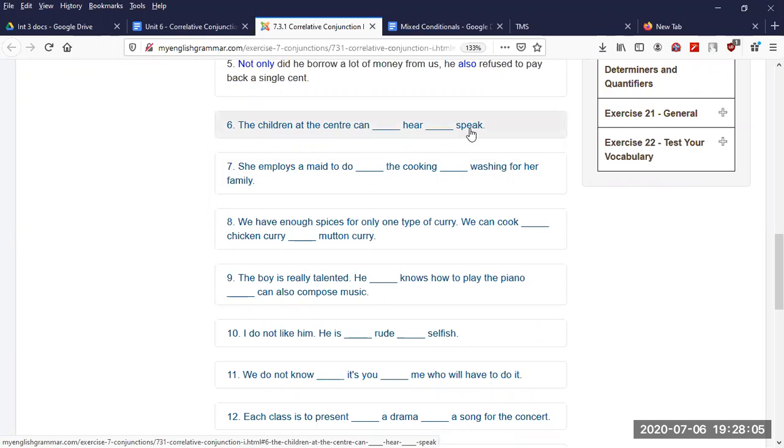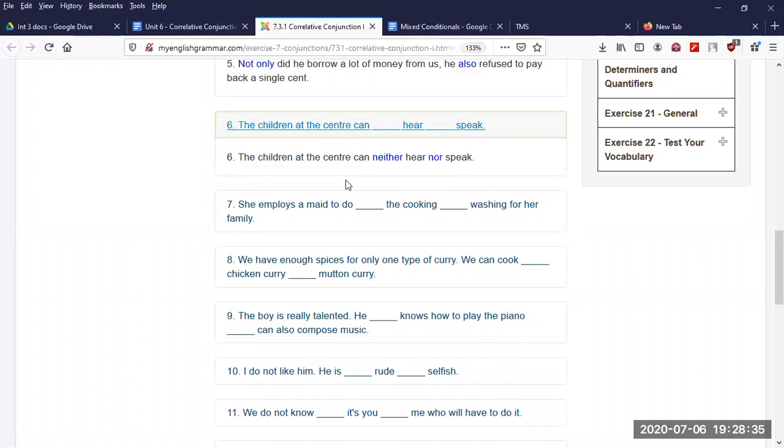Hear, speak. So, are we going to use or and? Neither. Yeah. So, the children at the center can neither hear nor speak.